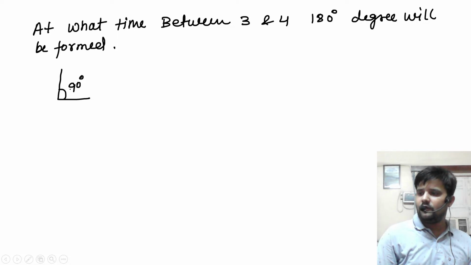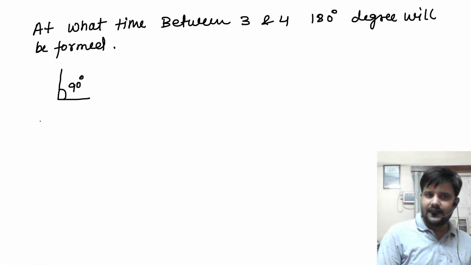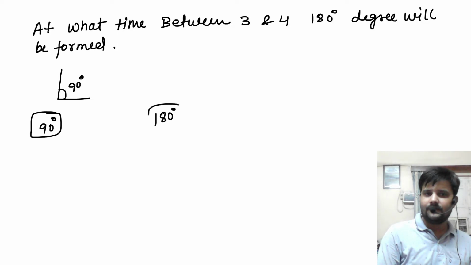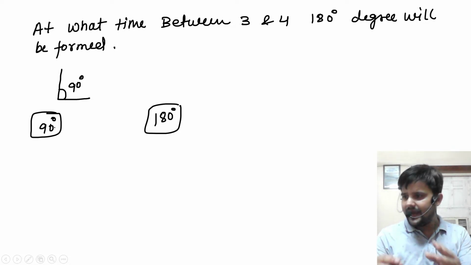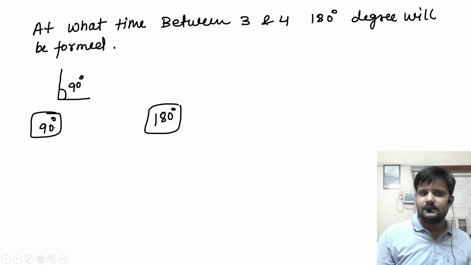Now, what was the second step? It is your desired angle. The angle you have is 90, and from here you want to reach 180. In the previous question, the angle was always less than 90, but here the desired angle is greater than 90.